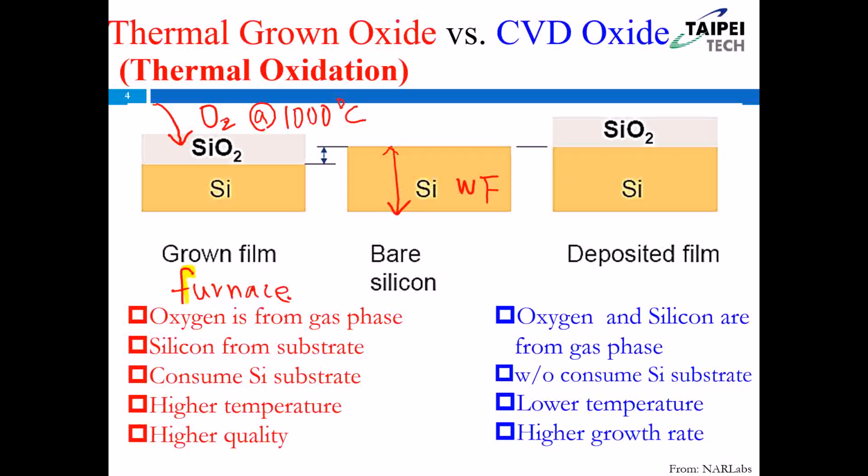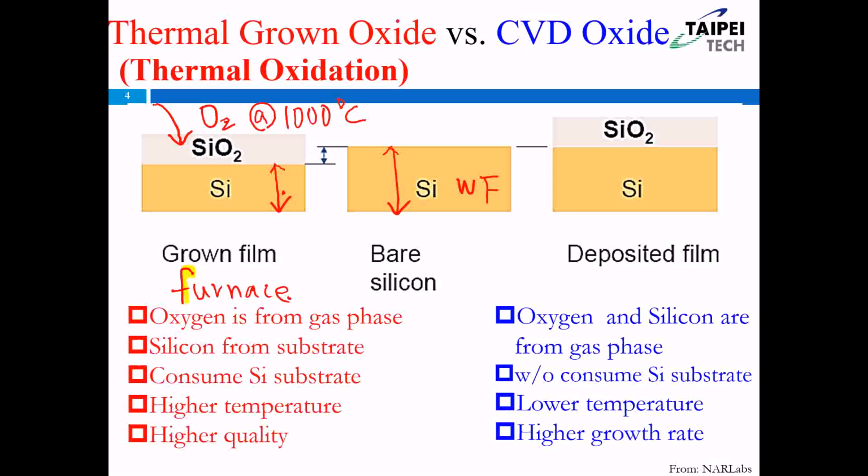So if the oxygen must react with the silicon wafer, we will consume the silicon wafer, okay? We consume the silicon wafer because oxygen reacts with it. So right now, you see the thickness of the silicon wafer is reduced compared to the original silicon wafer, right?